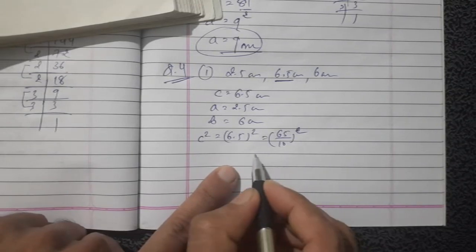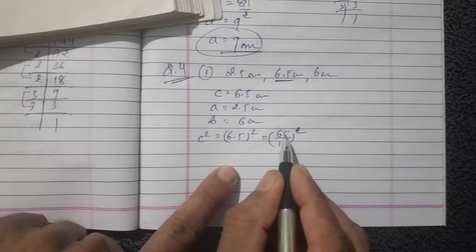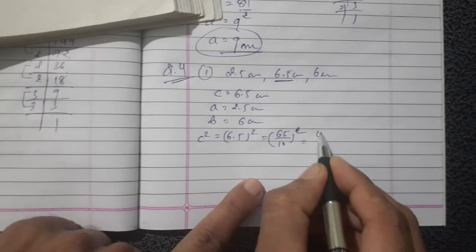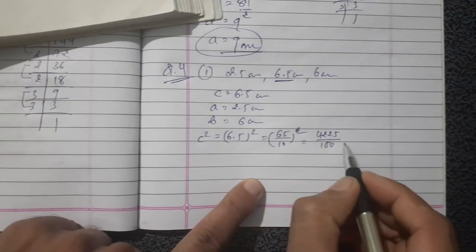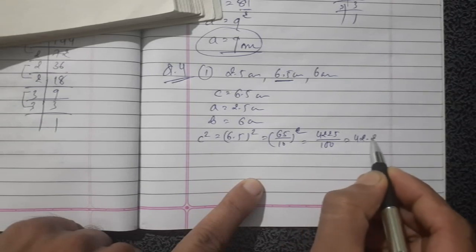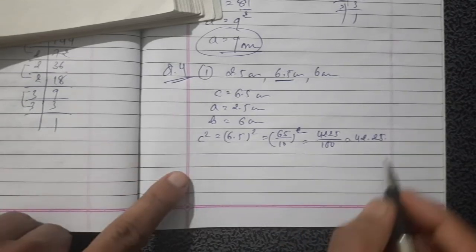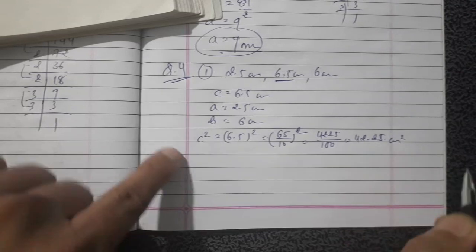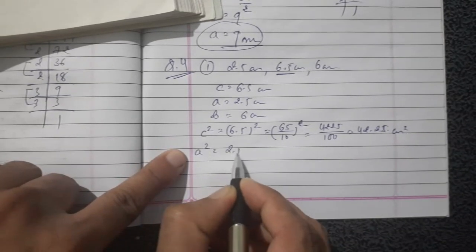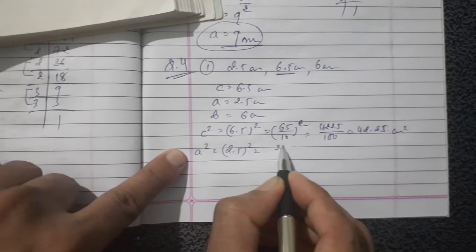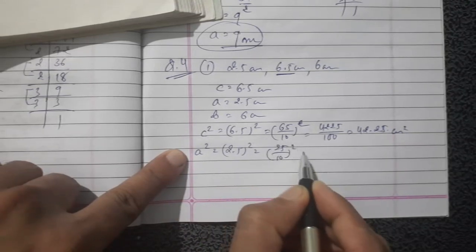Now I directly write down 65 square, that is 4225, divided by 10 square, that is 100, equal to 42.25 centimeter square.